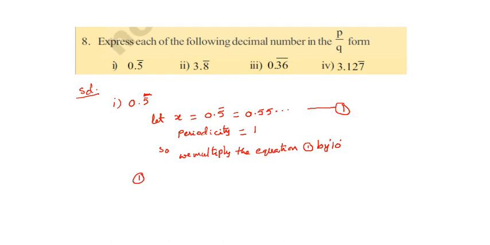Equation 1 into 10 implies 10x is equal to 5.5 etc. The right side is 0.55 etc. When we multiply by 10, the decimal point moves one place towards the right side.